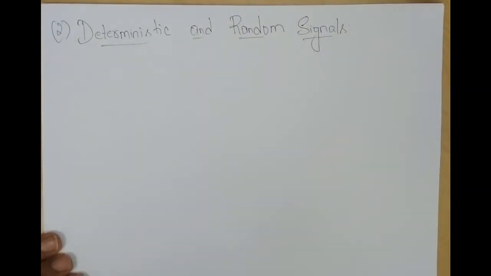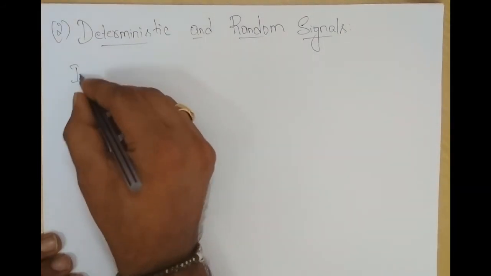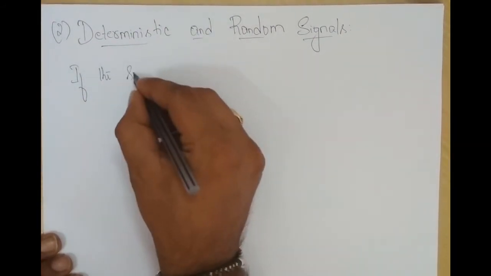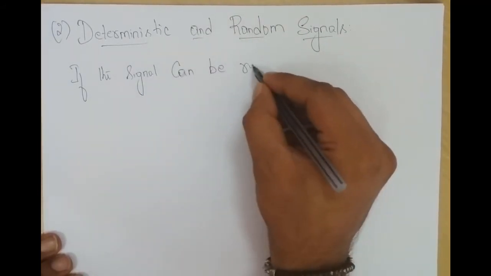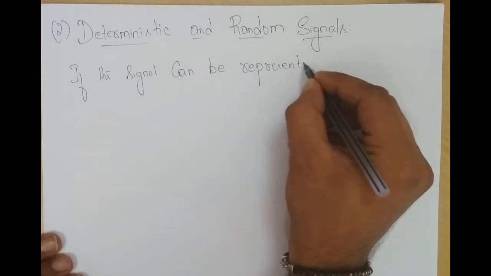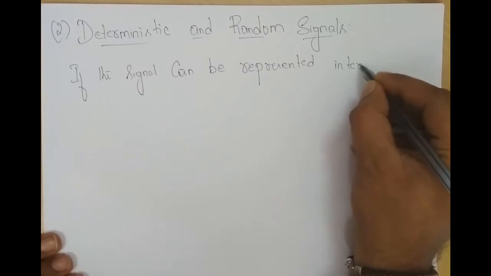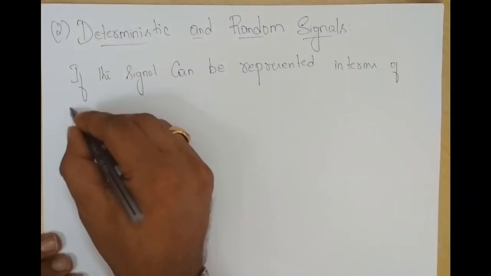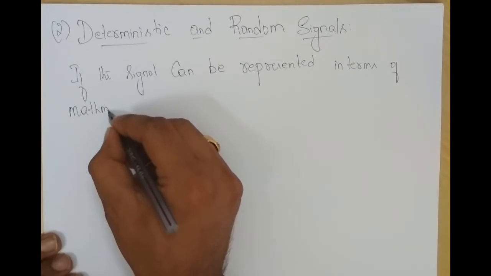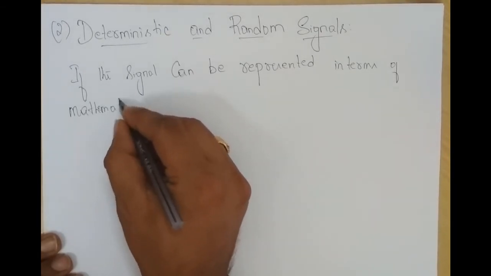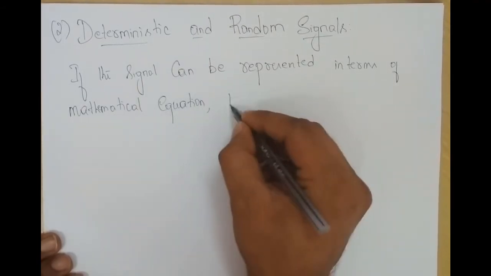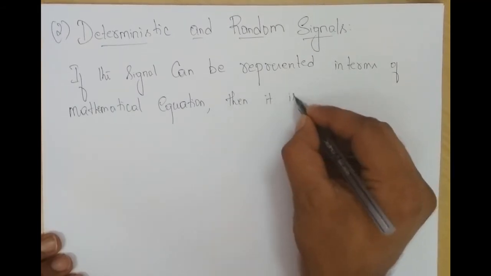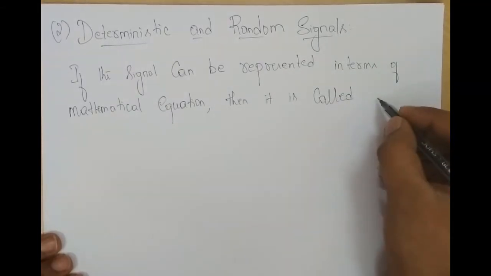We shall try to define deterministic and random signals. If a signal can be represented in terms of a mathematical equation, then it is called a deterministic signal.